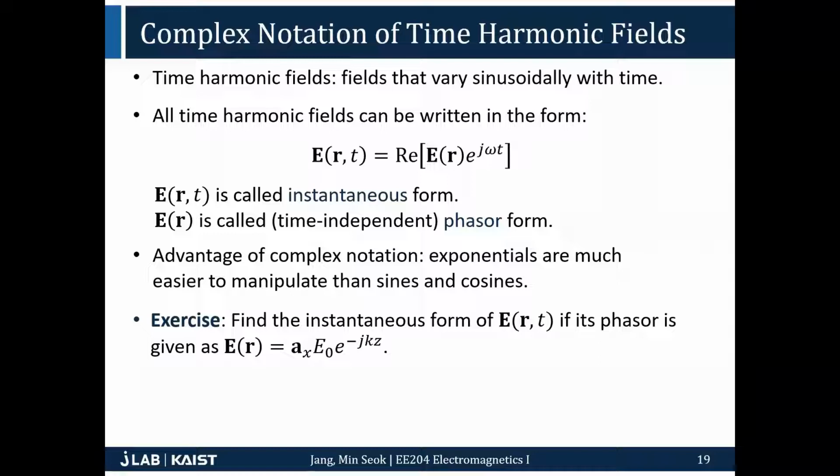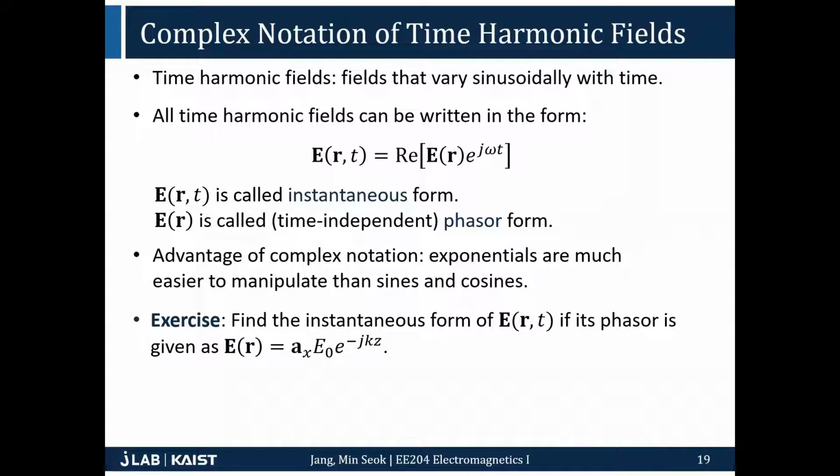Why do we do this? Well, you will realize that it's much easier to deal with complex numbers rather than real numbers. For instance, if you want to multiply two sine functions, that's a very difficult thing, right?